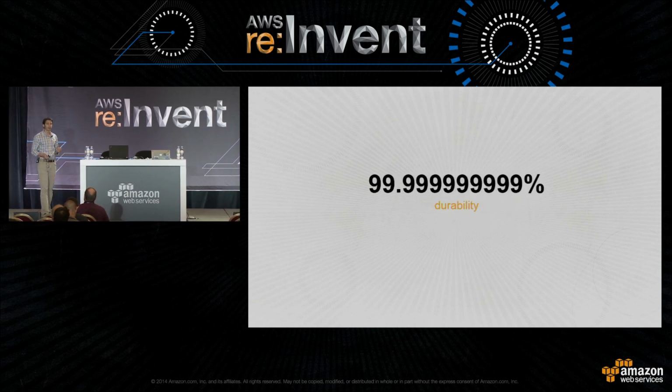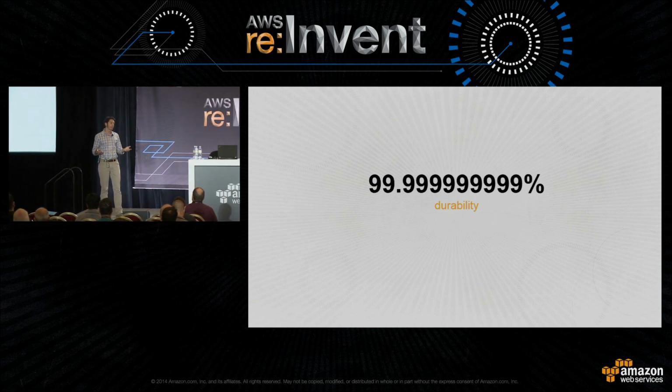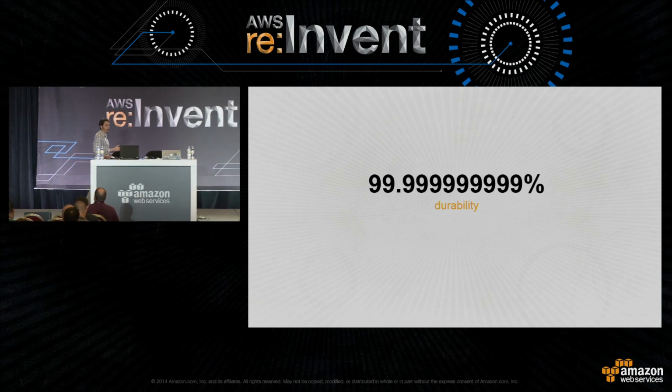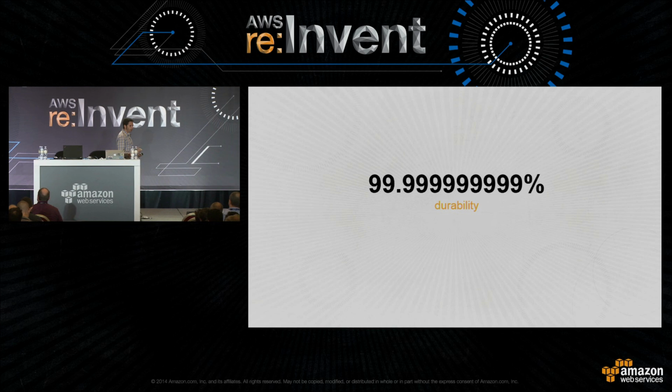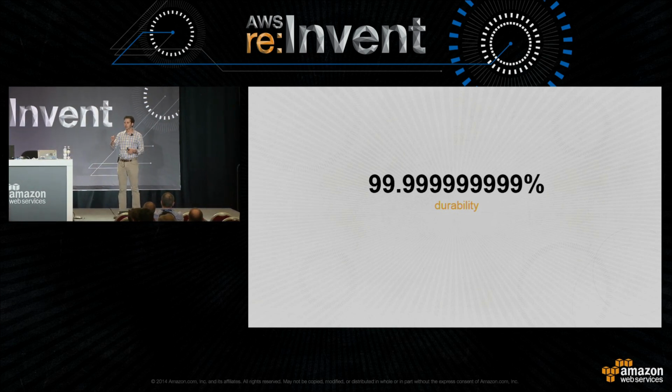And then it's also very durable. And by durable, we mean the ability to protect the integrity of your data. The statistical measure of S3's durability is 11 nines. And the way we achieve that tremendous number is the moment you put an object into S3, we'll automatically replicate it across multiple fault-isolated facilities within the same region.